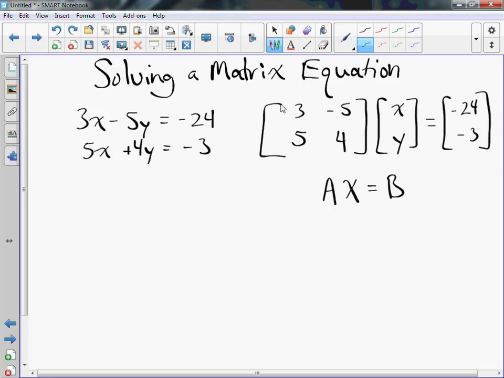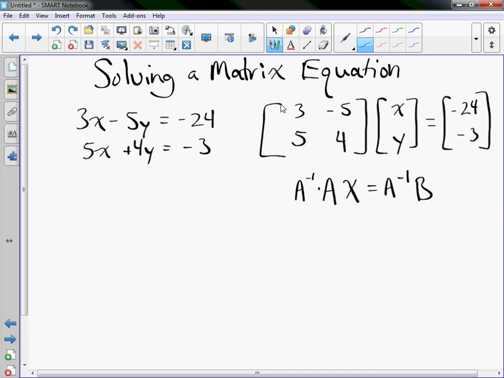Another way of dividing by A is to multiply by A's inverse. So what we really want to do is multiply by the inverse of A on both sides. So I'm going to actually slide that out because we have to left-hand multiply this A on there. We have to multiply by the inverse of A on both sides.